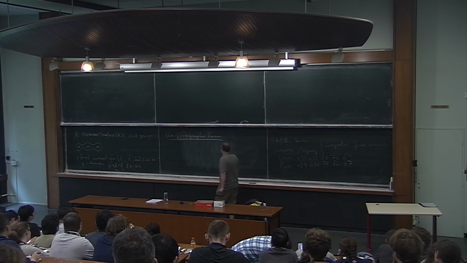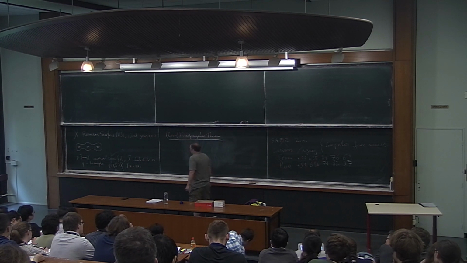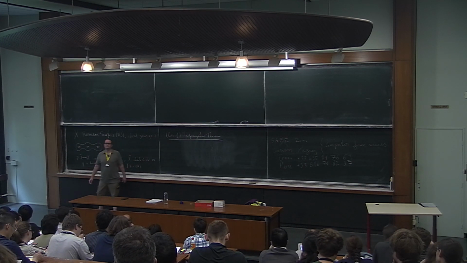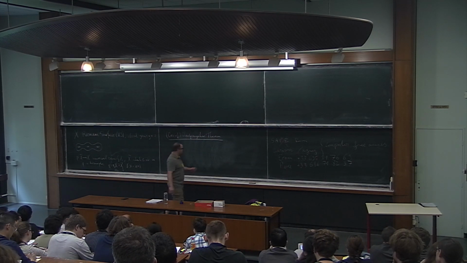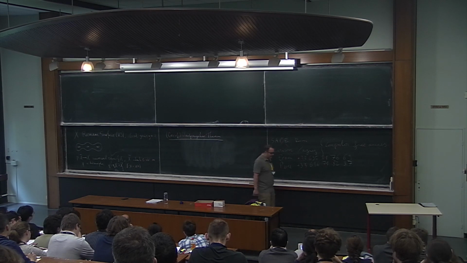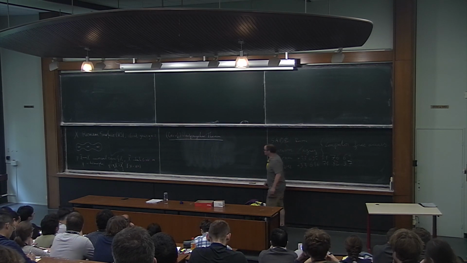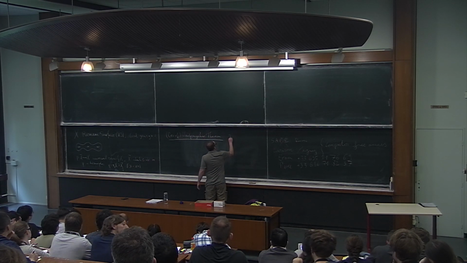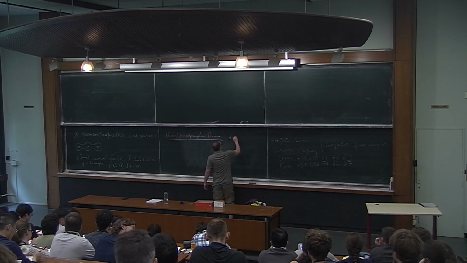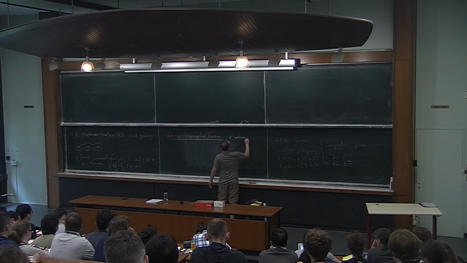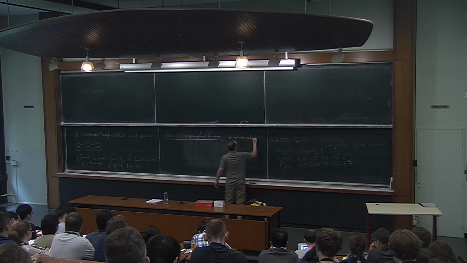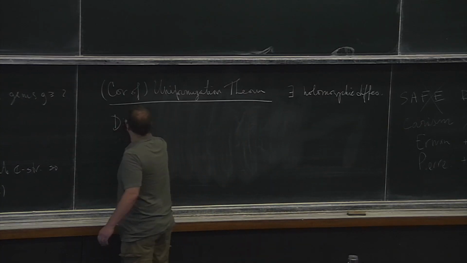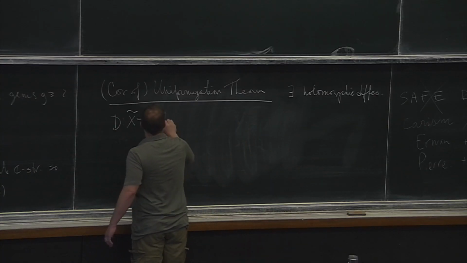I'll use the upper half plane instead of the disk. The universal cover is non-compact, which means it can't be the Riemann sphere. And basically what I'm going to describe will explain why it can't be the complex plane, because the genus is at least 2. And so what that says is that there exists a holomorphic diffeomorphism D from X tilde to the upper half plane.